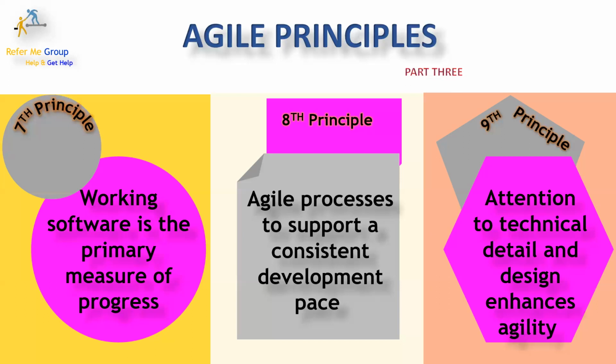If there is an architectural diagram in your team, it has a meaning, because it tells you what kind of APIs, microservices, or integrations have been done. Agile always focuses on technical detail and design, which enhances agility.